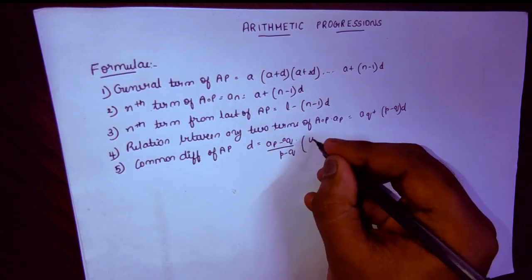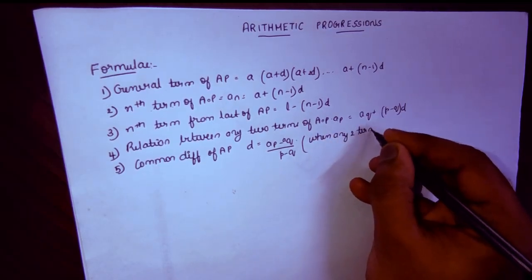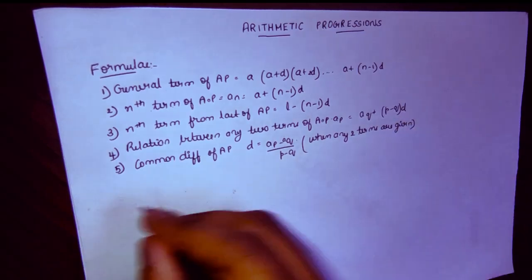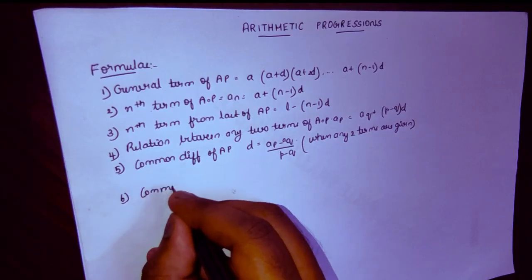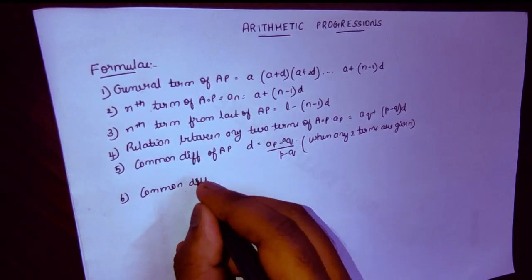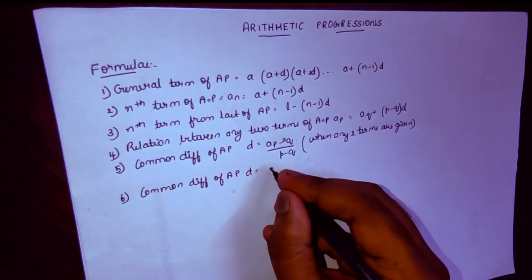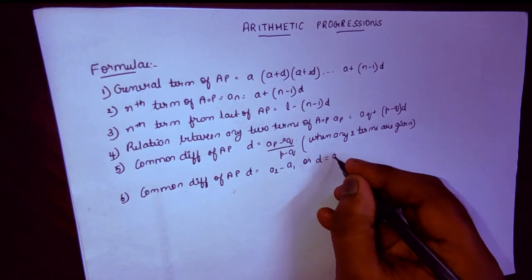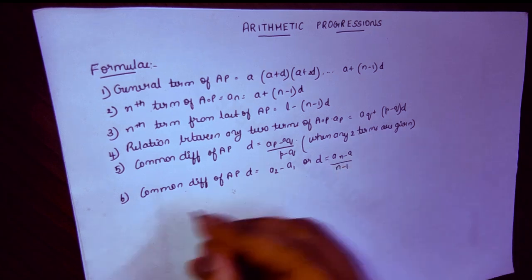This formula you can apply when any two terms are given. One more formula for common difference: d is equal to a2 minus a1, or d is equal to an minus a divided by n minus 1.